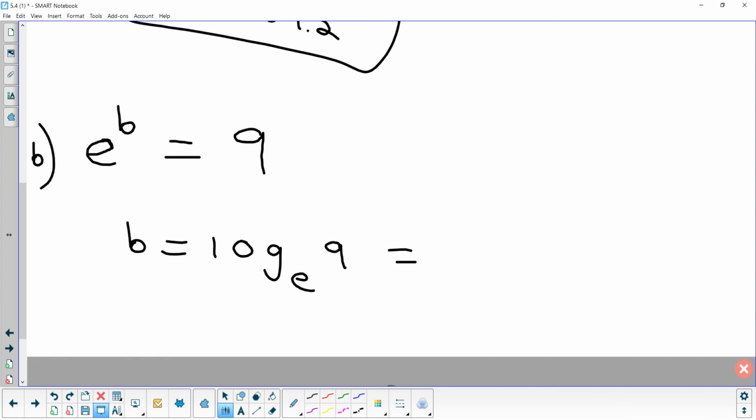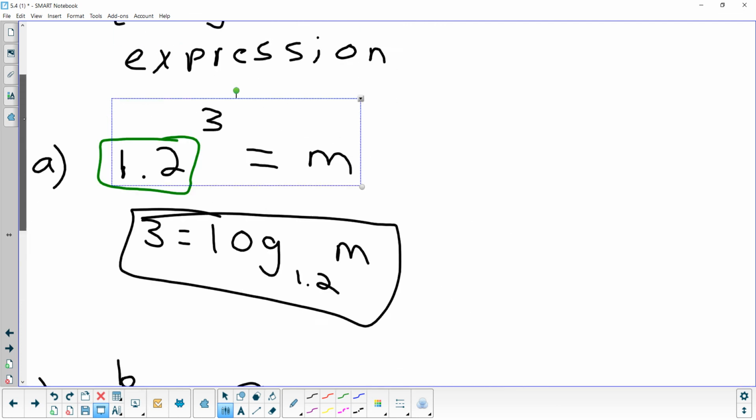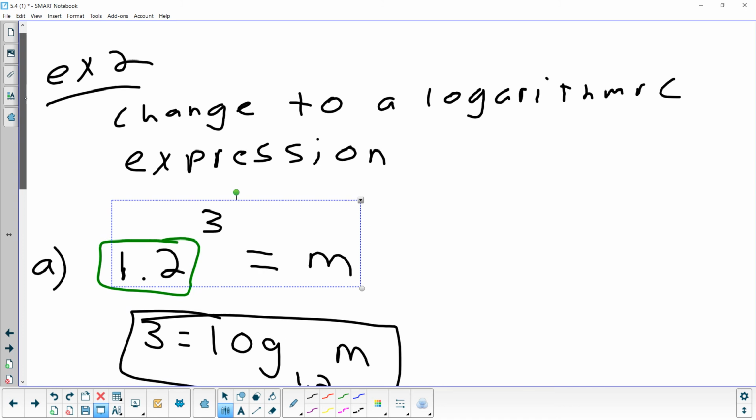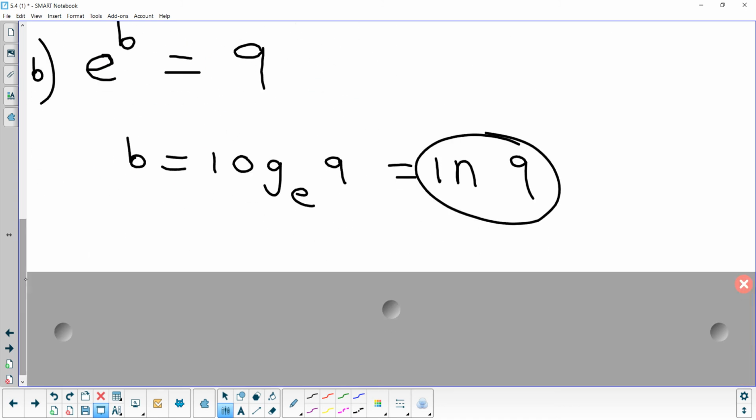How can you write log base e of 9 in a shorter format? That's not something you'd probably ever see. John? ln 9. Now that's something we could just type right in on the calculator. We could press ln 9, hit enter, and get the answer. But that wasn't the direction. The direction was just to change it to a log expression, and we've done that. Technically, if you left it log base e of 9, you would still be right. This is a little bit simplified.